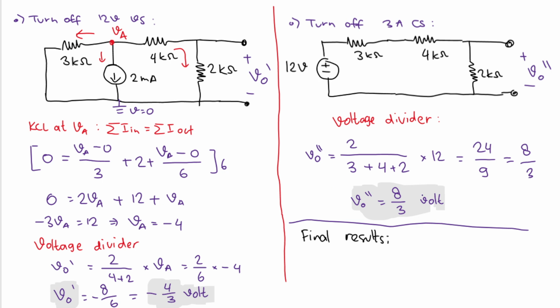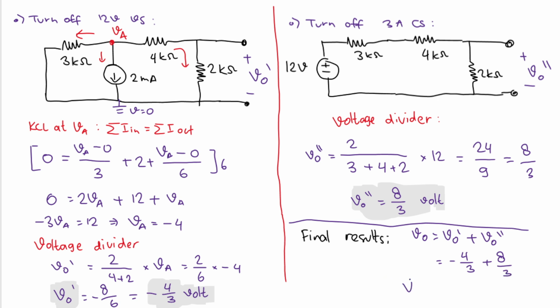Remember that V0 is equal to V0 prime plus V0 double prime. Okay, V0 prime, we will have minus 4 divided by 3, and then plus V0 double prime is 8 divided by 3.